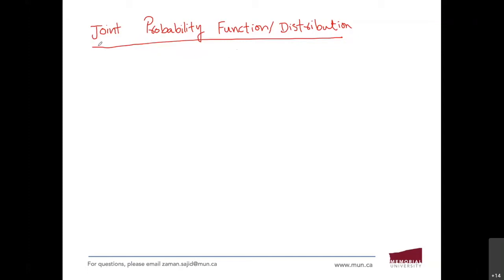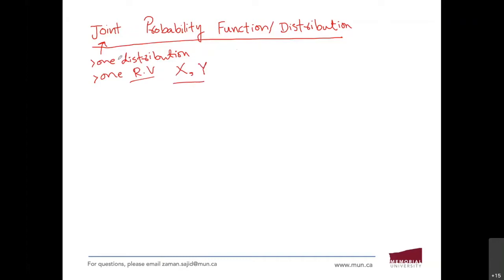Now, as you can see, this is the joint probability. So this means we are going to have more than one variable, more than one random variable in particular. The random variables that we'll use today will be x and y.